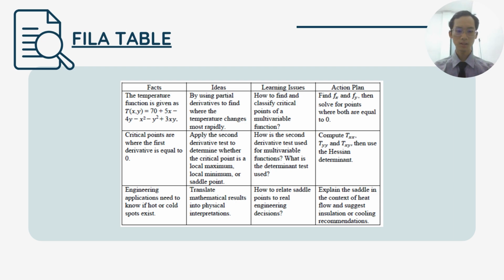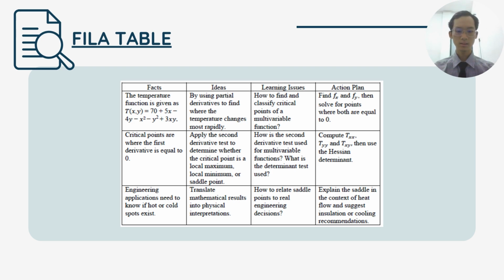For the second one, critical points are where the first derivative is equal to 0, applying the second derivative test to determine whether the critical point is a local maximum, local minimum, or saddle point. For the learning issue, how is the second derivative test used for multivariable functions?